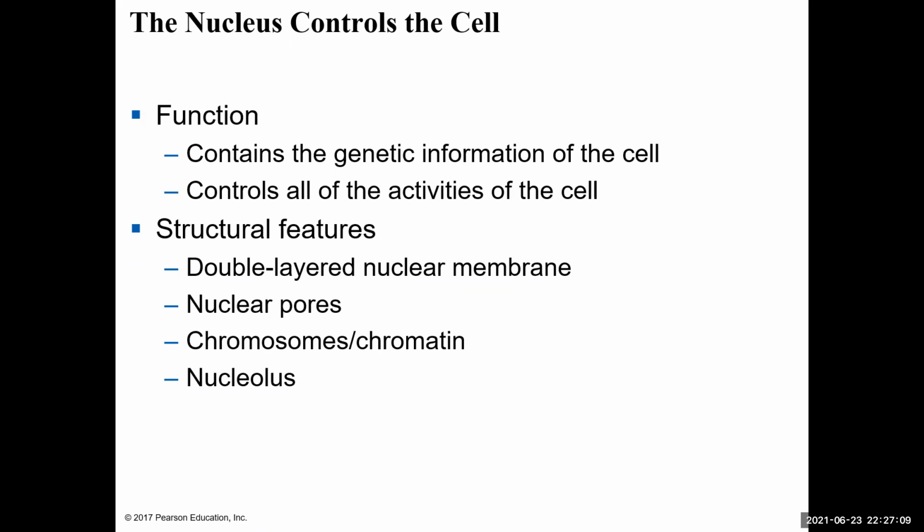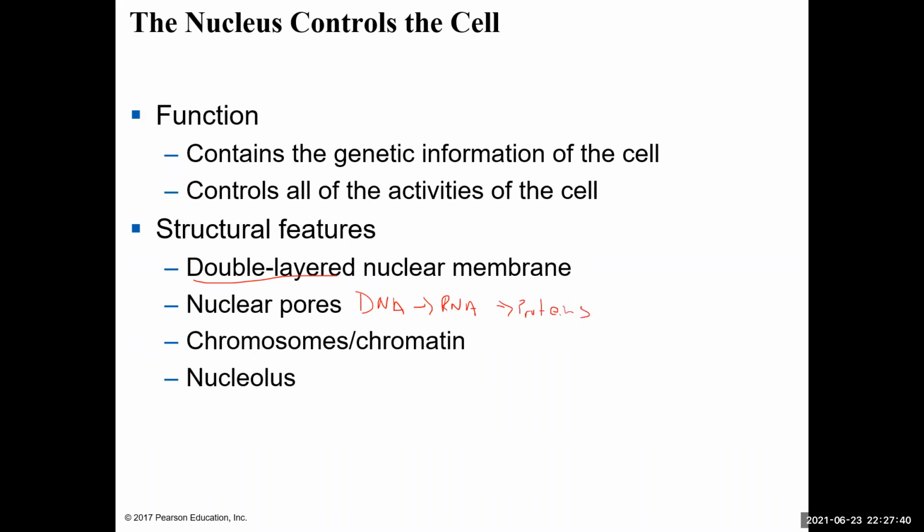Now, some characteristics of the nucleus is that it's actually a double layered membrane. And we've got an image on the next slide that we're going to show. So there are two membrane layers keeping the DNA enclosed. But the DNA, like we mentioned in our chemistry lecture, is converted into RNA, and remember that RNA is converted into proteins.